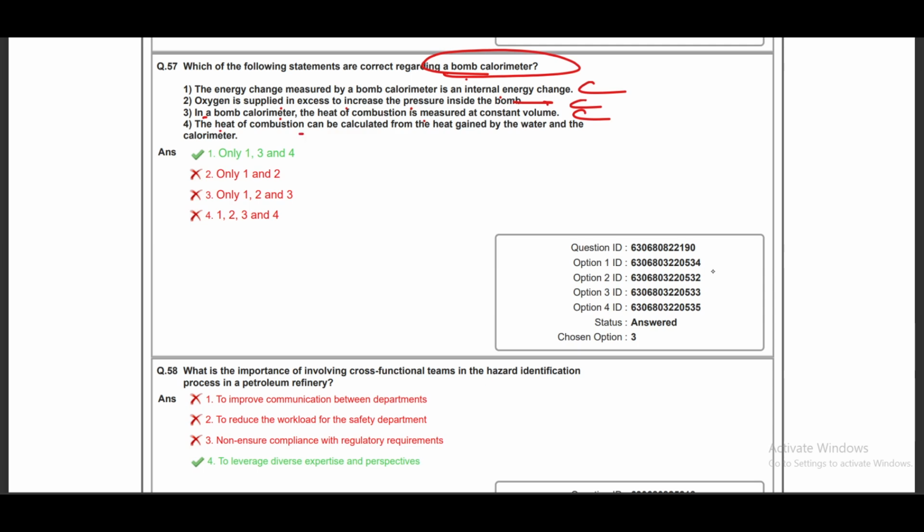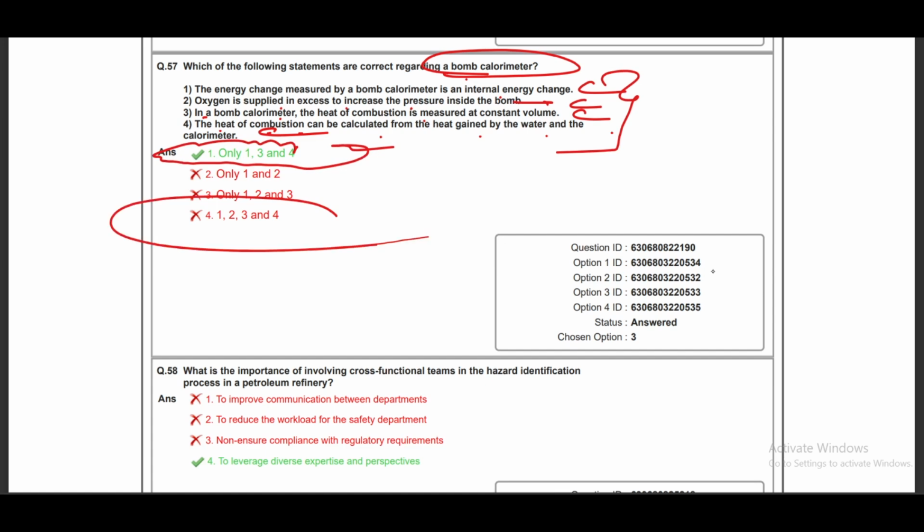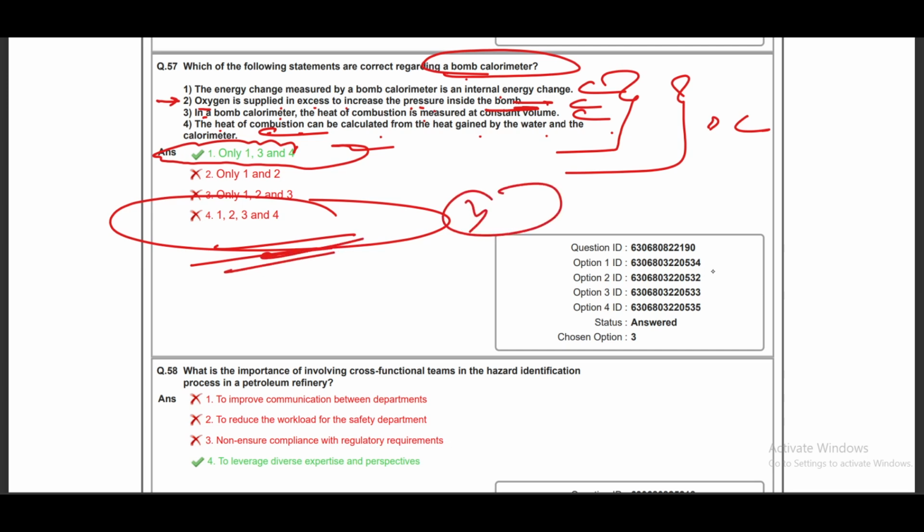The heat of combustion can be calculated from the heat gained by the water and the calorimeter. Also correct. So overall all statements are correct. However, they are providing a different answer as correct, saying the oxygen statement is incorrect, but it is also correct. So the answer should be the fourth, not the first one.